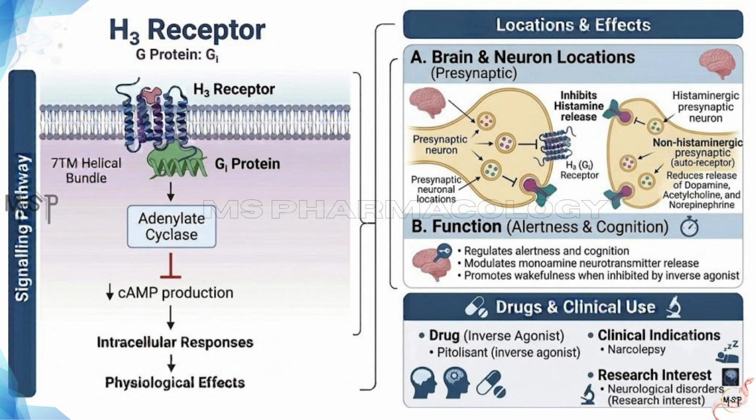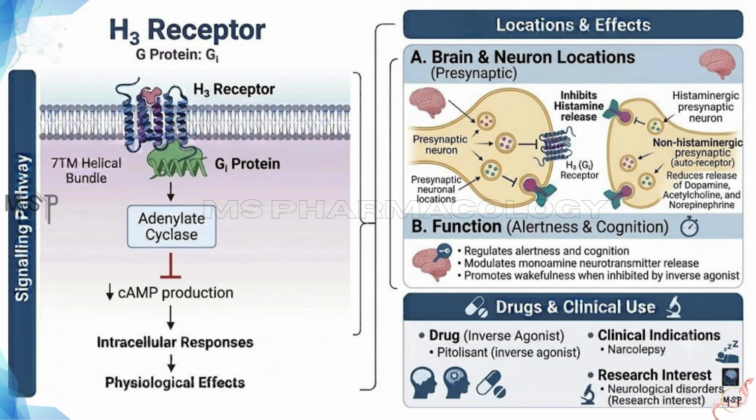Moving to the H3 receptor, these receptors are coupled to Gi proteins and are found predominantly on presynaptic neurons in the central and peripheral nervous systems. Activation of H3 receptors inhibits adenylyl cyclase and decreases cyclic AMP levels. Functionally, H3 receptors act as presynaptic autoreceptors, reducing the release of histamine as well as other neurotransmitters, including dopamine, acetylcholine, and norepinephrine.